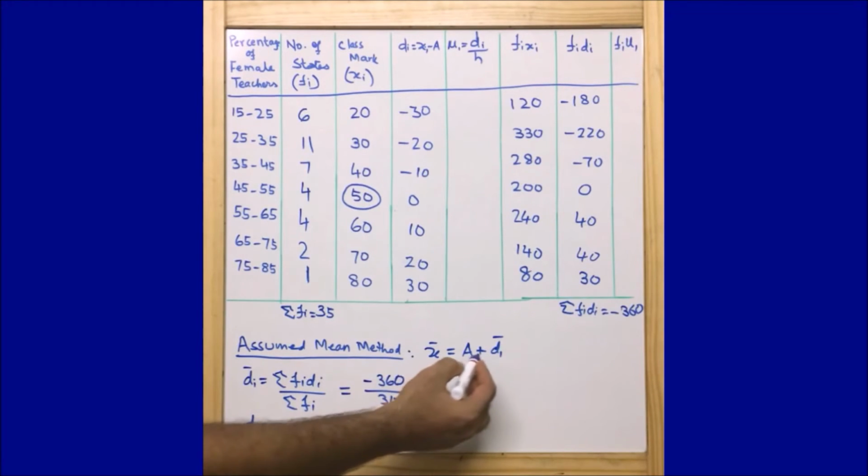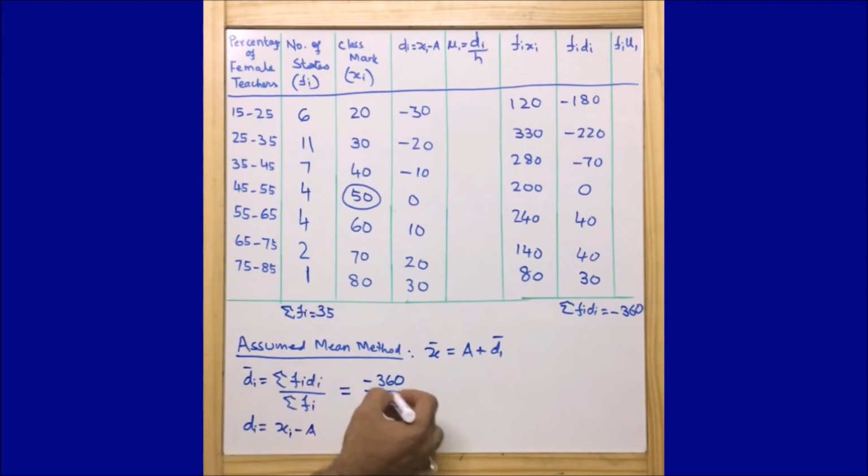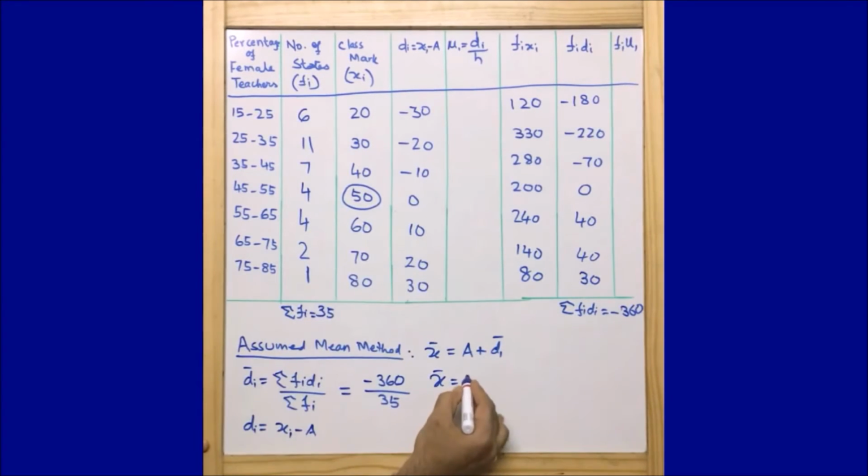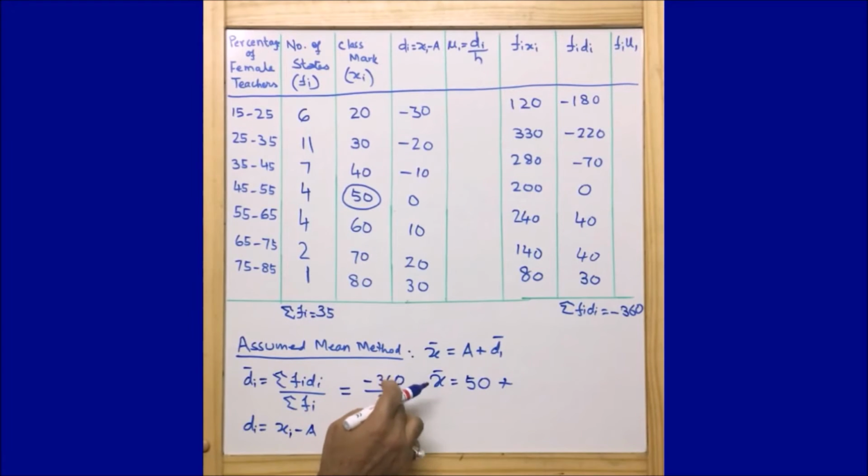Now I am going to replace this mean deviation here. So x bar is equal to the assumed mean, which we considered as 50, plus minus 360 by 35.